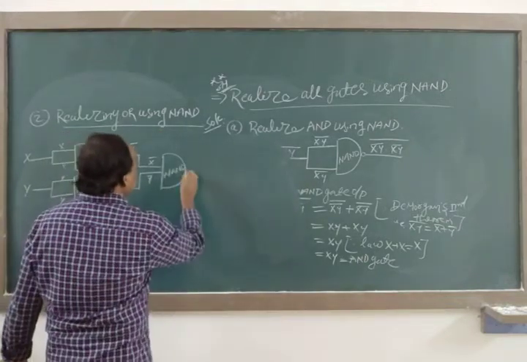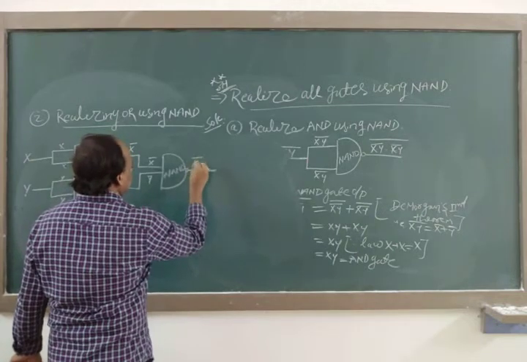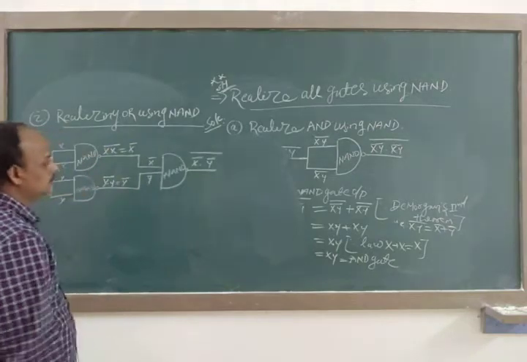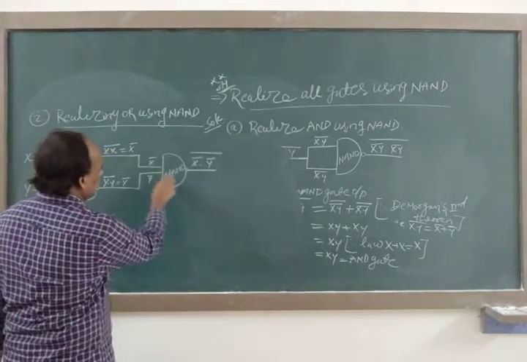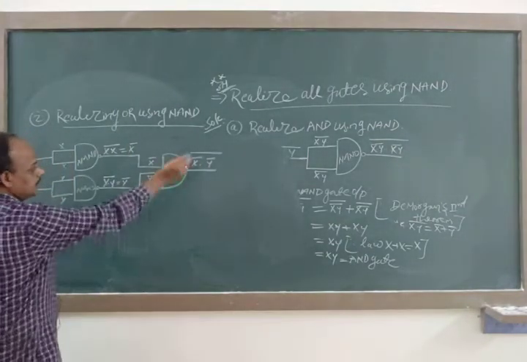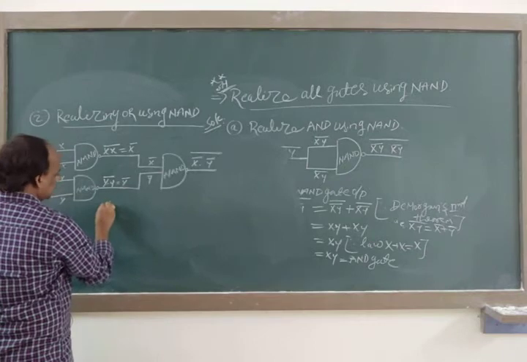What are we getting? x bar into y bar whole bar, right? Now take the output of the third NAND gate.